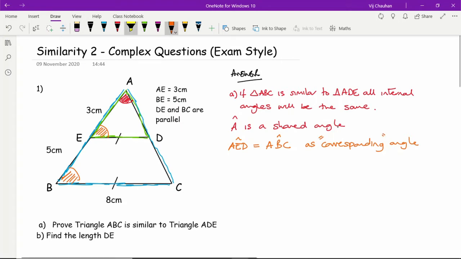And likewise, using this highlighter, I know that angle ADE is going to be equal to angle ACB, again as they are corresponding.